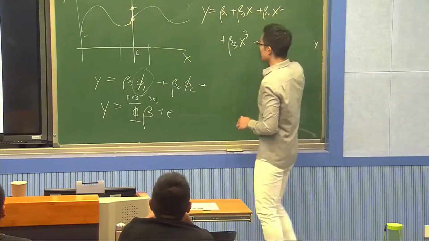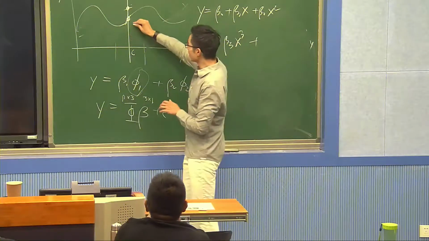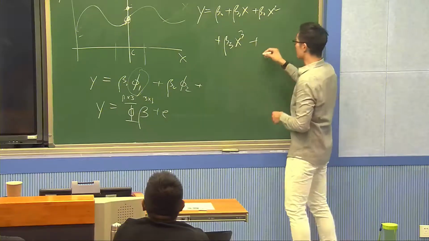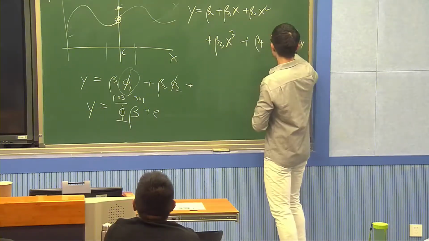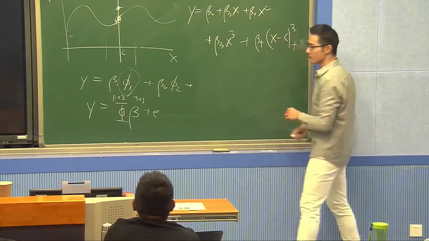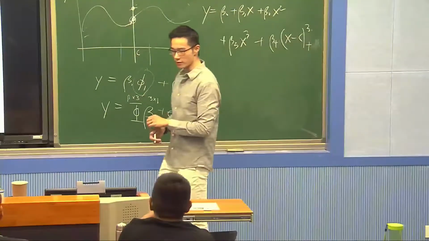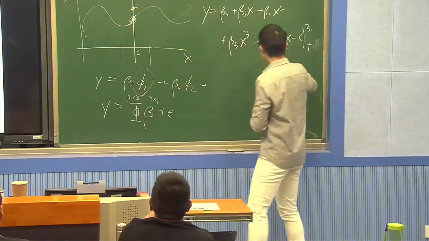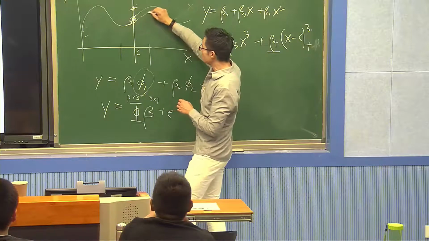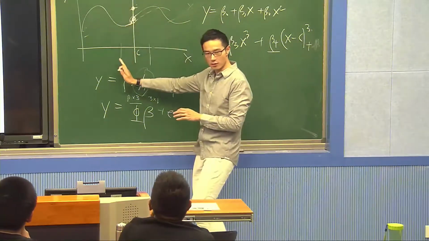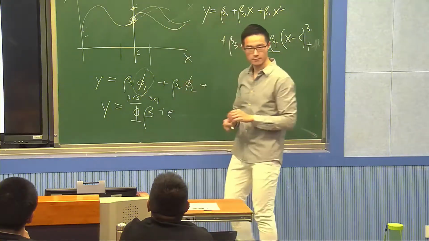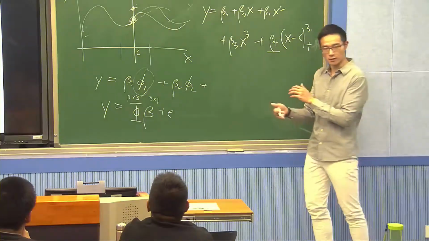But now for the second region, once you impose the 3 conditions, the whole thing can be written by adding beta 4 times (x minus c) to the power 3, plus. You can do the derivation yourself, but it's pretty easy. So we simply add another term onto this. Basically, we have the same cubic polynomial, but after passing this threshold, there is an additional third degree effect that changes things.